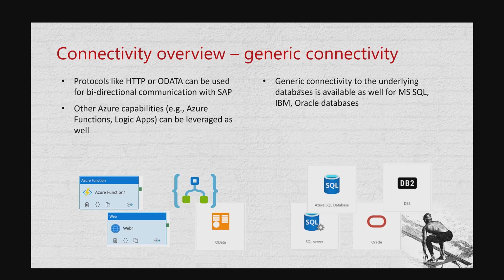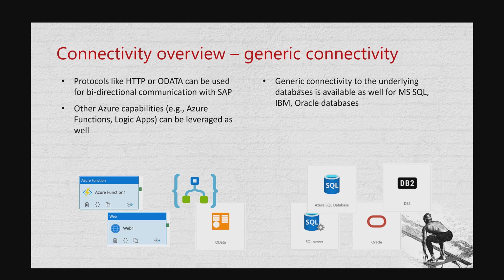Now, there's another aspect which is sometimes ignored in that context, but I think it's very important to mention. Besides the dedicated connectivity which we have provided for SAP, you can of course also use other connectivity options which can be used in combination with SAP.